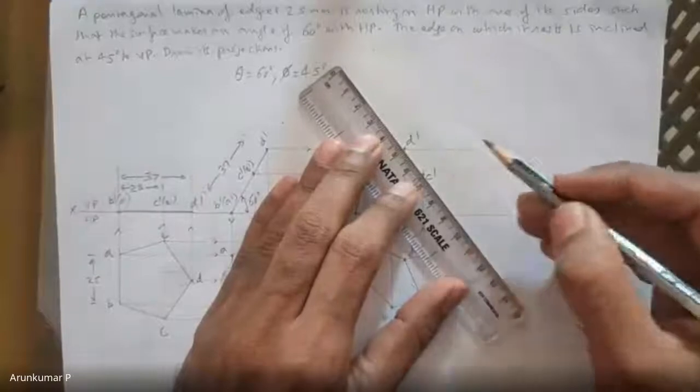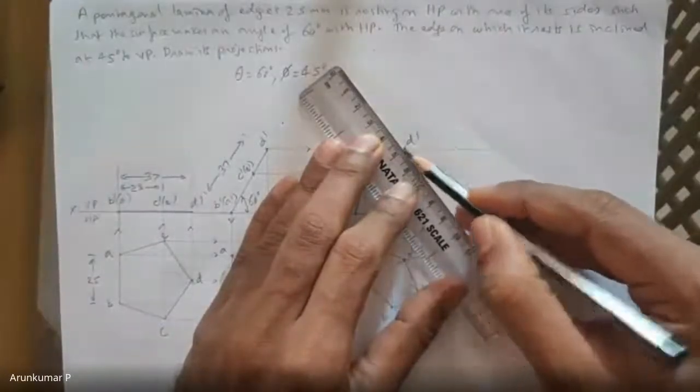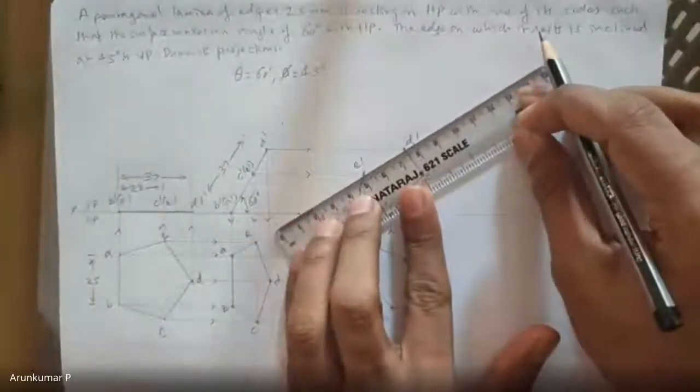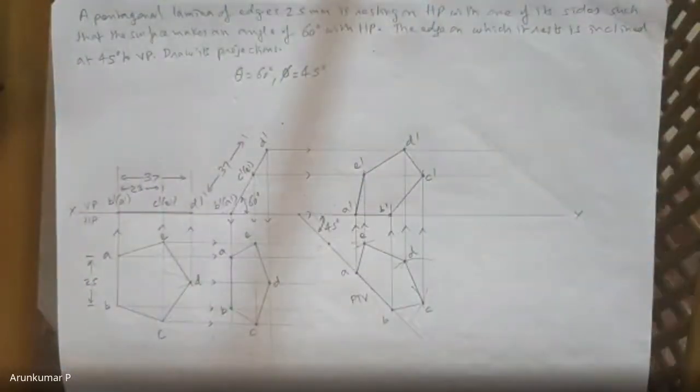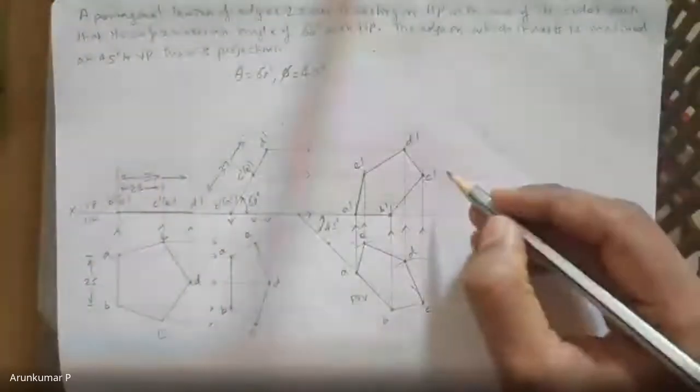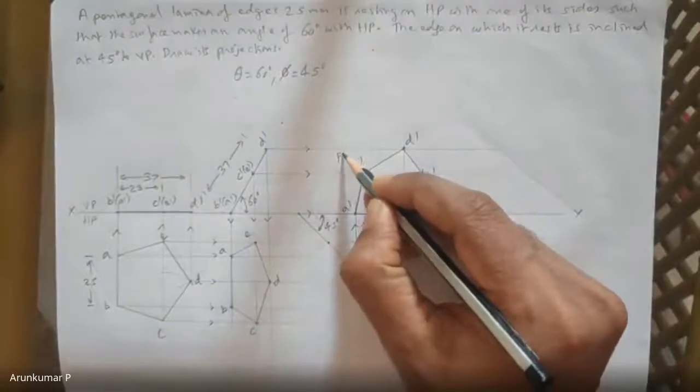The final top view and final front view, you can draw a bit dark because they are the main steps which have to be highlighted. Otherwise, you can keep it a bit light. So this is your final front.